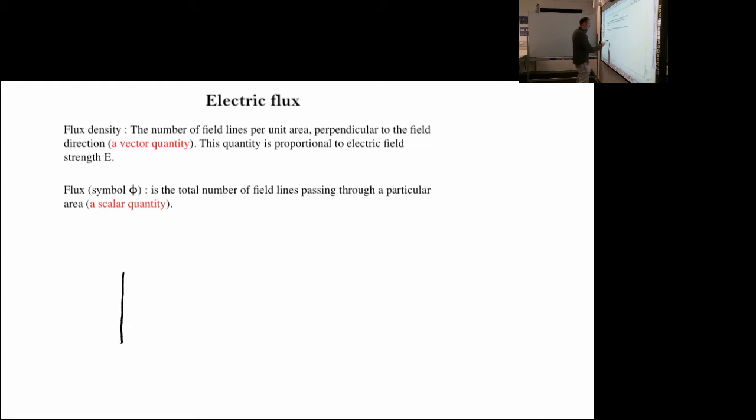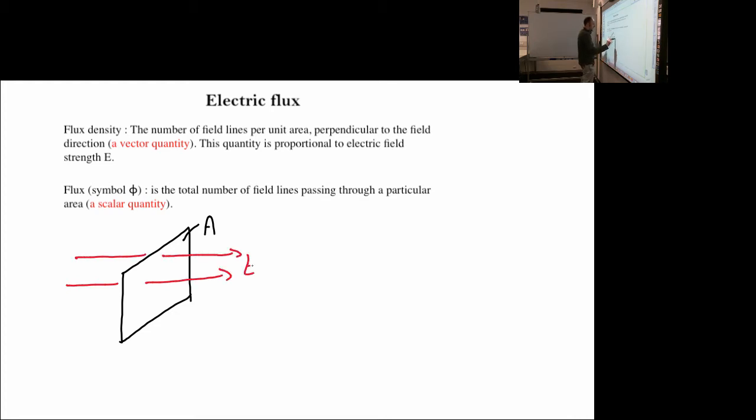Here's our surface, which is going to be given by an area A. We've got field lines passing through perpendicular to the surface, and this surface is nice and smooth and flat. This is our electric field passing through perpendicular.